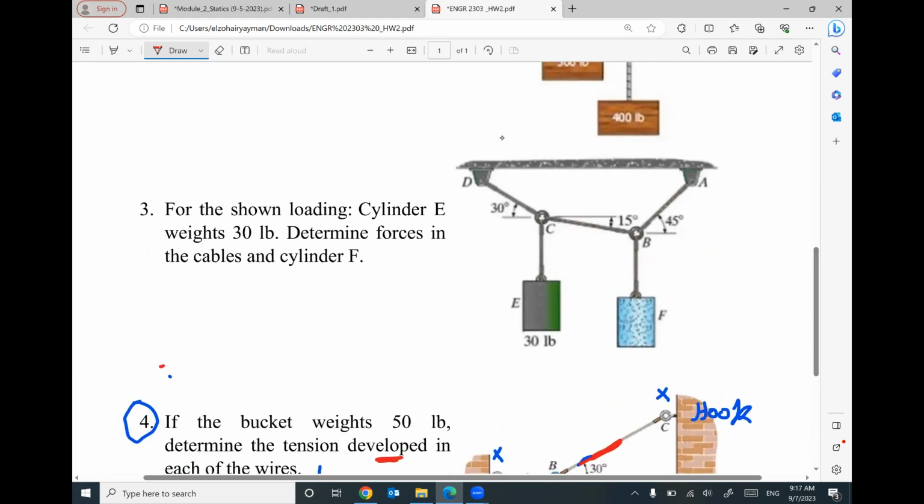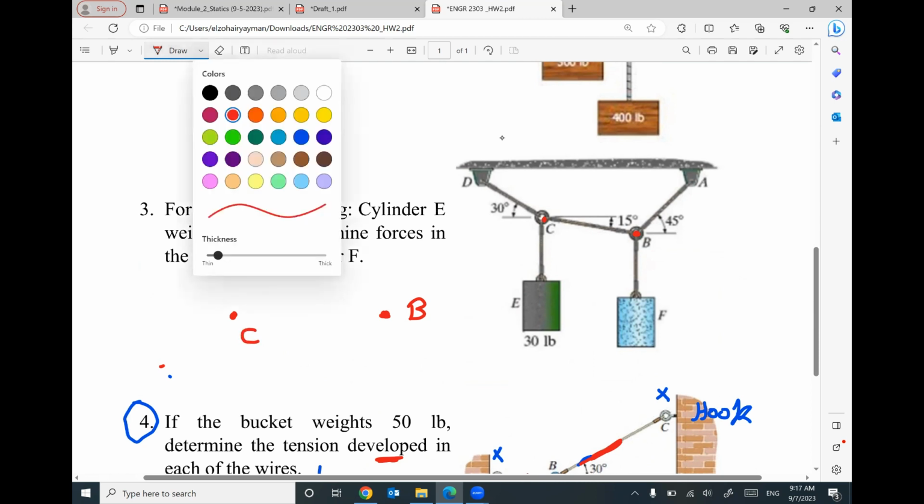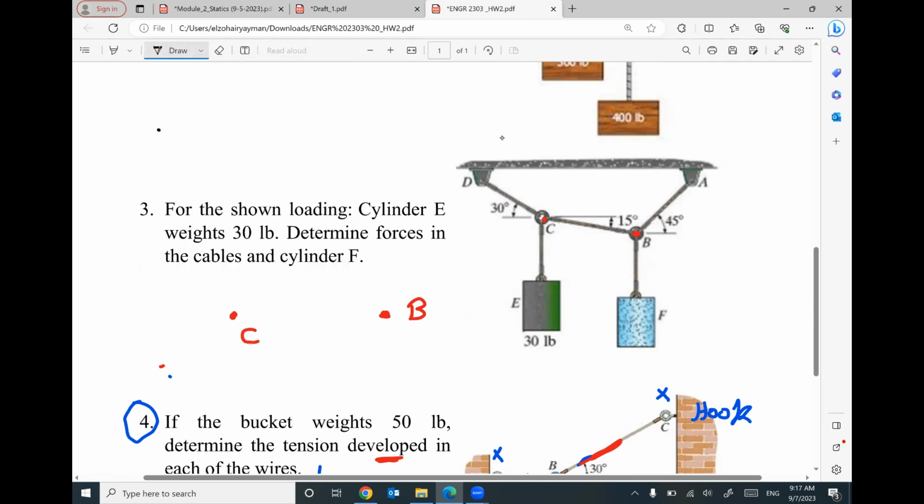I need to figure out these 2 points, C and B. Here is B. Here is C. These are my concern. Let's start with C. For example, I have vertical weight of this cylinder, 30 pounds. This point C is hanging in this position using this cable and another cable. So I have FCB and I have FCD.